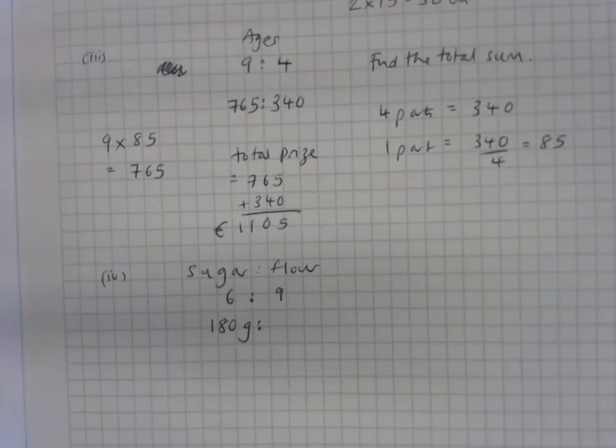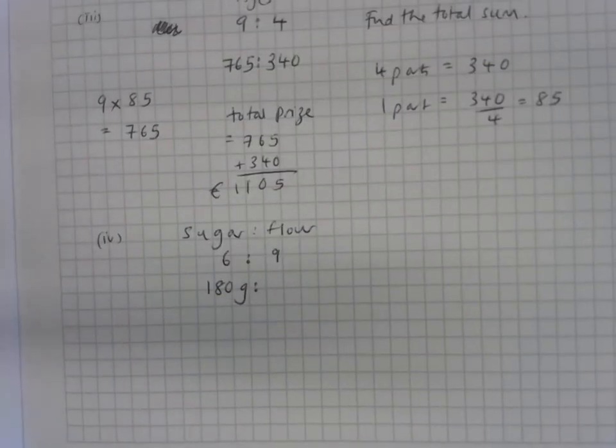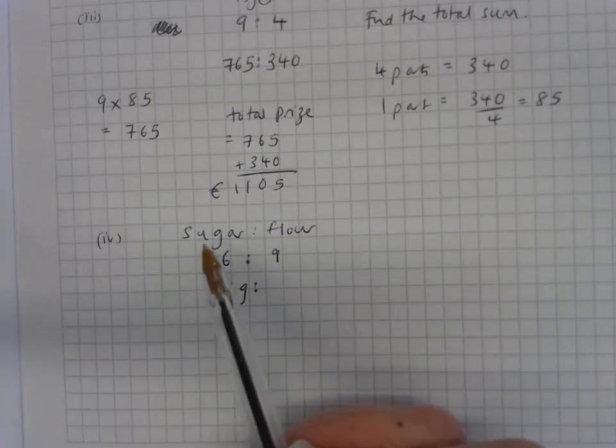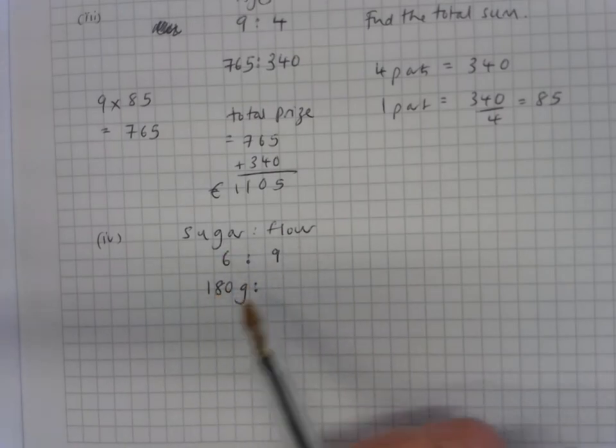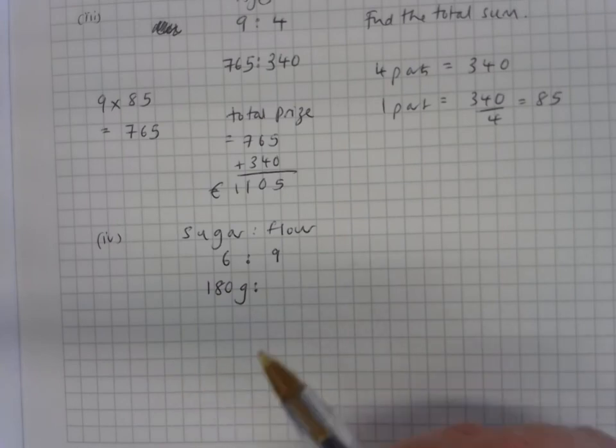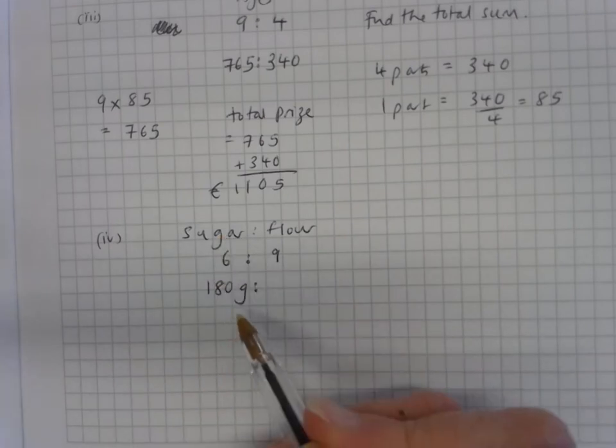So again, from the little story they gave us, we've extracted the ratio, which is 6:9, and we've extracted the other piece of information, which is 180 grams of sugar. Because this ratio is sugar to flour, then our whole amounts are also going to be set up with sugar and flour. And again, we can see now that 6 parts must be 180 grams.